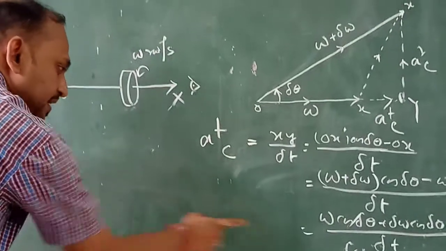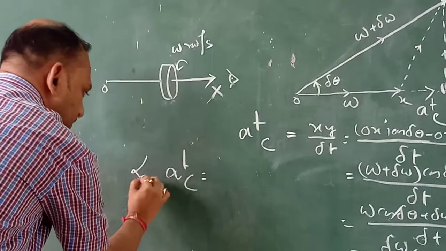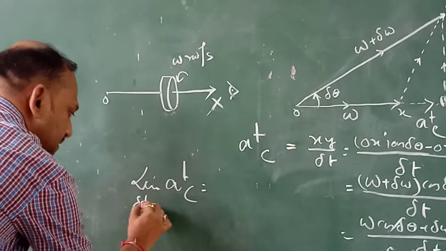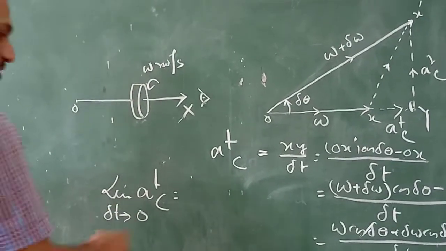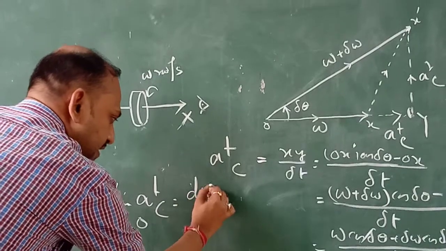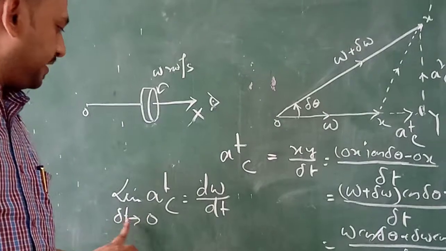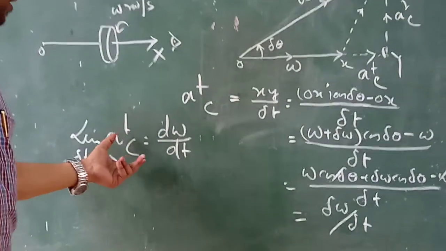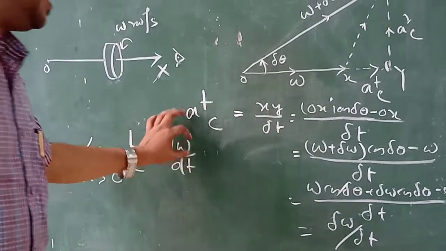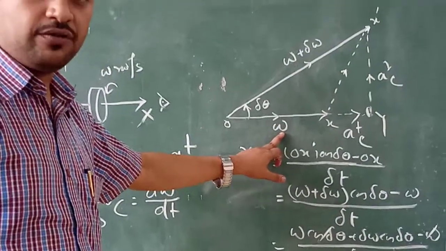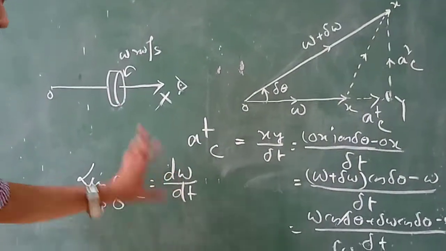And in the limit when del t tends to 0, this actually becomes d omega dt. In the limit when del t tends to 0, the tangential component of acceleration is d omega dt. What is d omega dt? It is simply the rate of change of angular velocity. So this is the tangential component of acceleration.